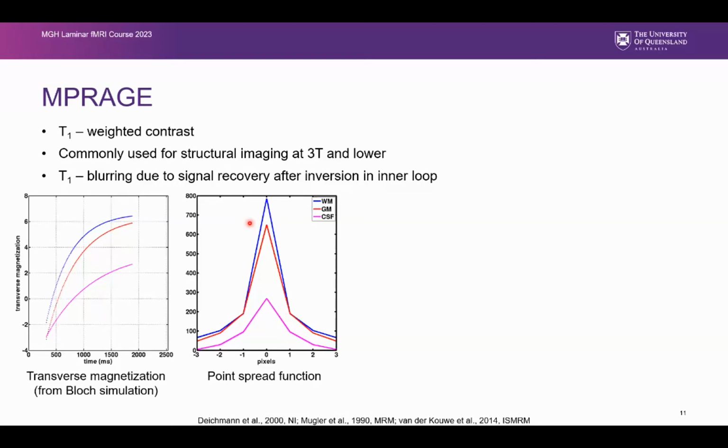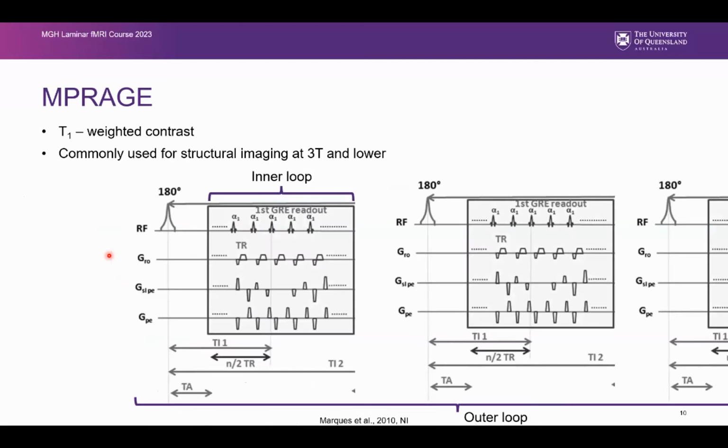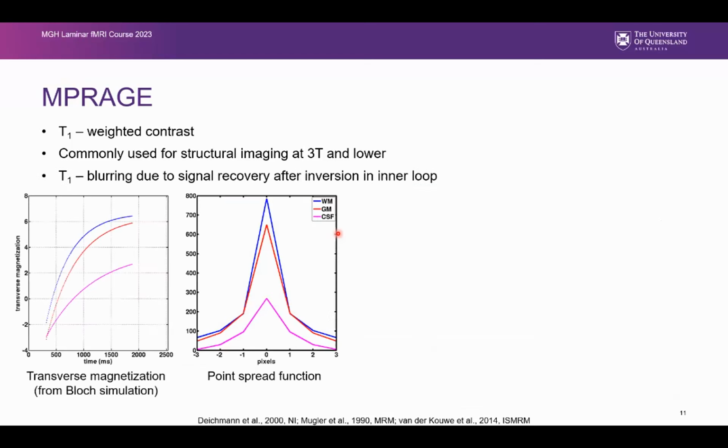There's one thing I want you, or John wants you, to be aware of, which is T1 blurring. As we go through the inner loop, the signal still recovers. The trick is to find a balance, so you get the difference between gray and white matter while you're reading out your k-space.